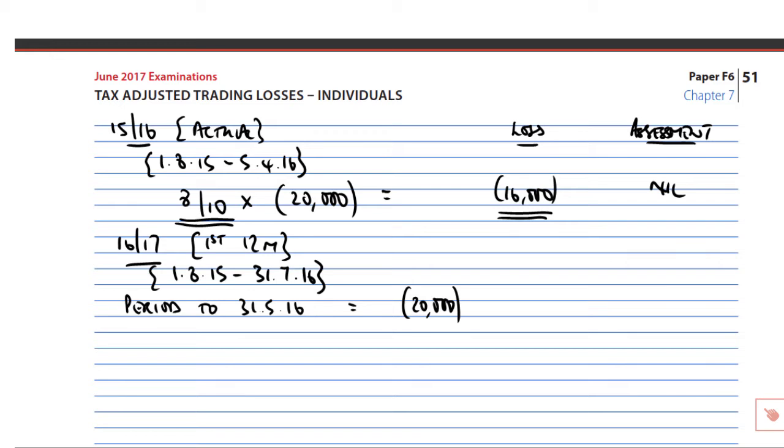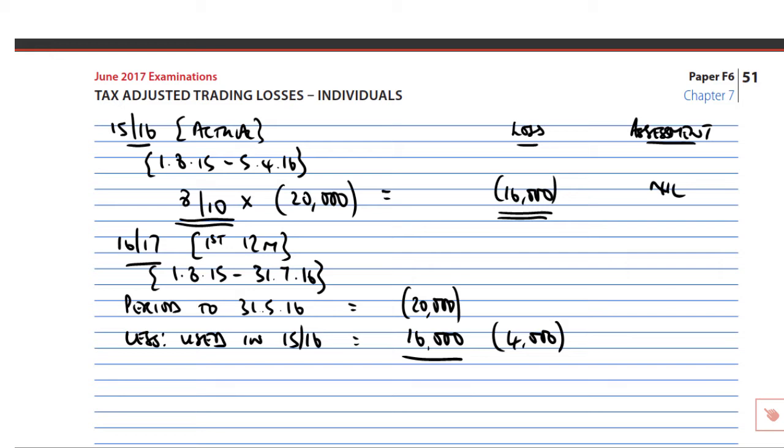Remember, no concept of an overlap loss, so what do we now must remove from 16-17's loss of 20 less any amount of that loss that's already been used in the 15-16 tax year. How much was that? Well, clearly, it's 16,000, and that quite sensibly means that just the remaining loss of 4,000 would be allocated to this year.